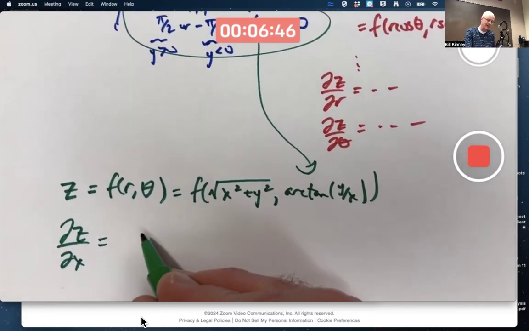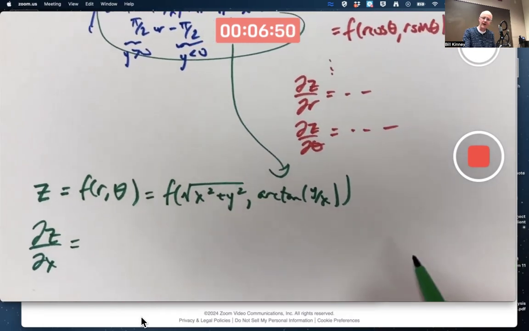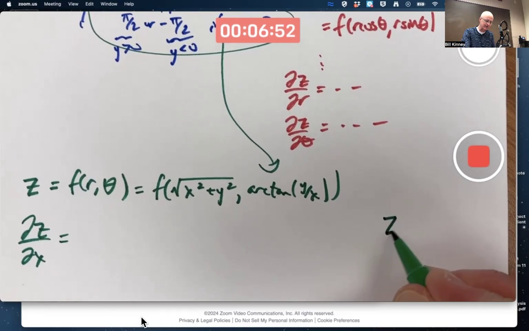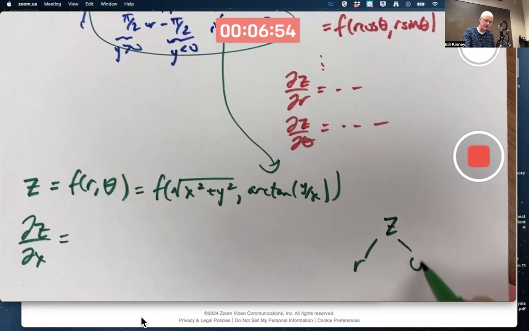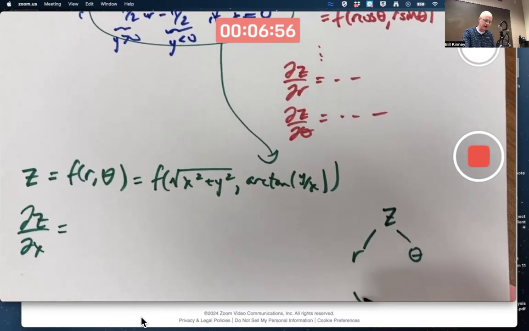You can use the chain rule effectively in the opposite order. The diagram in that case would look like this. You'd think of z as depending on r and theta first, and then r and theta depending on x and y.